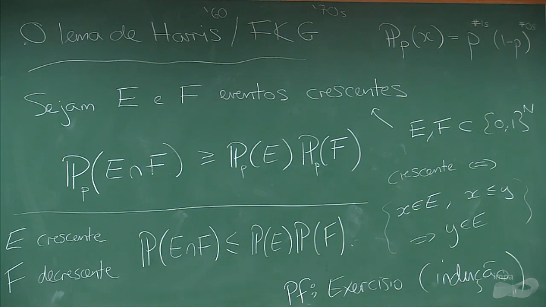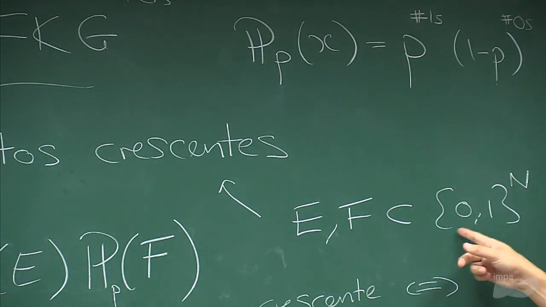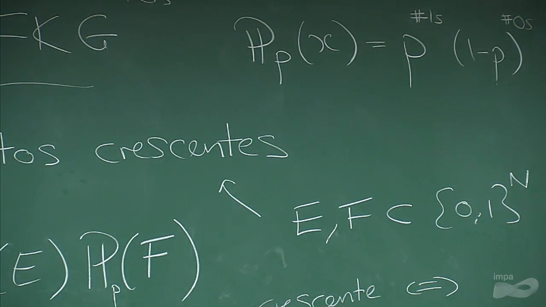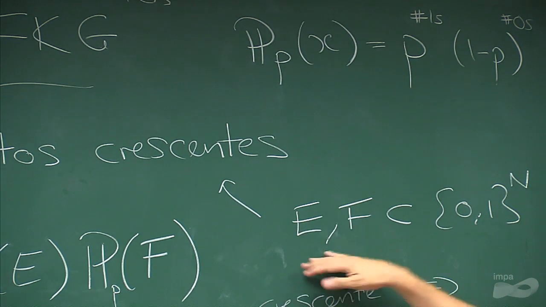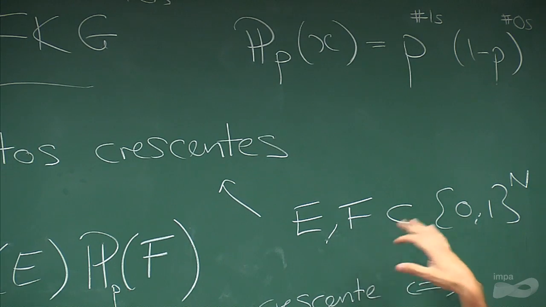In particular, this corresponds to G(n,p). If we take n to be little n choose 2, and these coordinates to correspond to the edges of the complete graph, this is exactly an event in G(n,p).